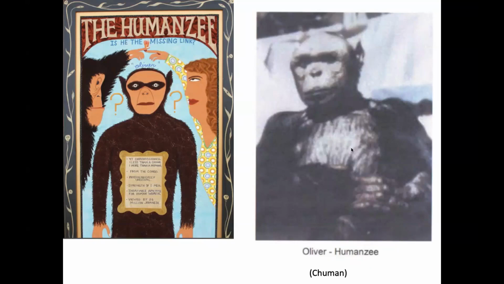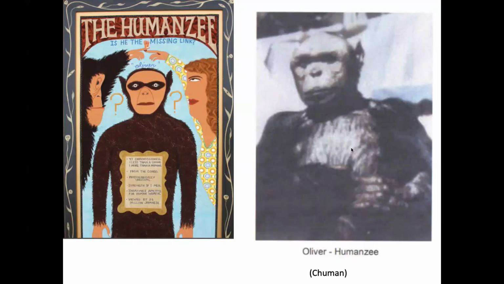Of course the owner resisted doing karyotype analysis on Oliver for quite a while, but eventually that analysis was done. And what they found is that there were 48 chromosomes in the cells of Oliver. So Oliver is a chimpanzee. Certainly not a hybrid and certainly not a human.